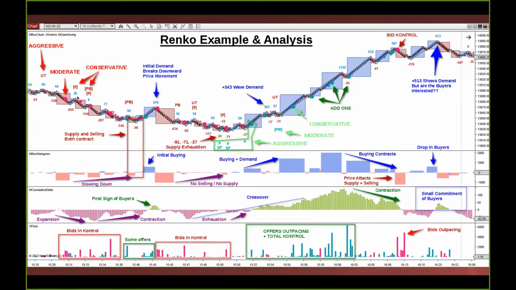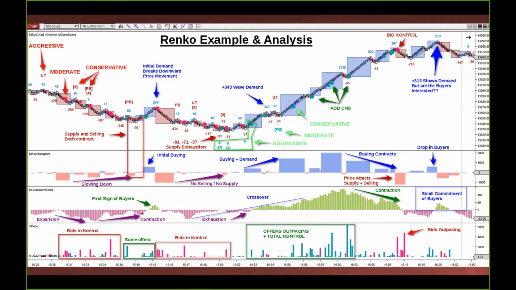Okay. Conservative entries. Now we got more evidence, these algorithmic sell signals. And as we're coming down, look at these numbers, 255, 144, 287, 148, minus 196. So it's getting weaker. At the same time, look at that. The selling is slowing down. Doesn't necessarily mean to go long yet, but you've got to notice these things, right?